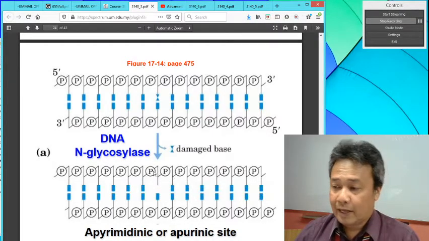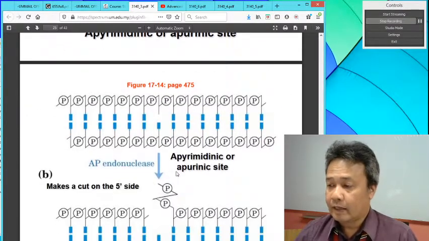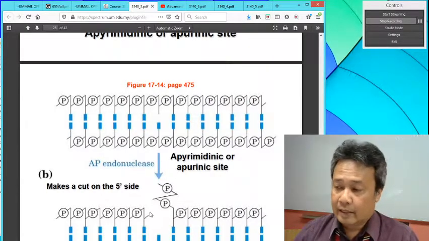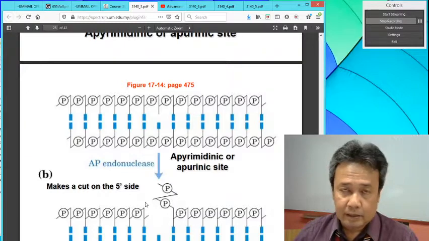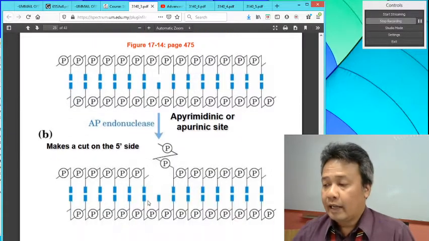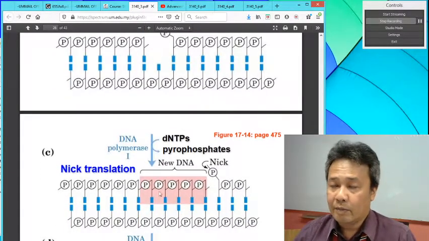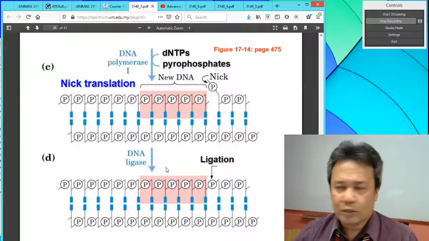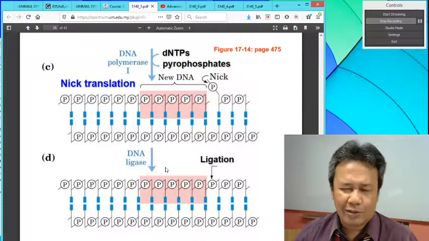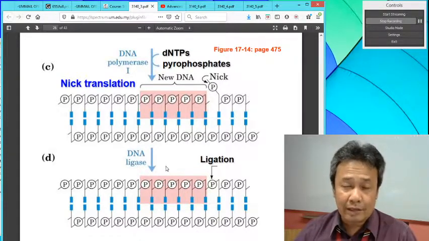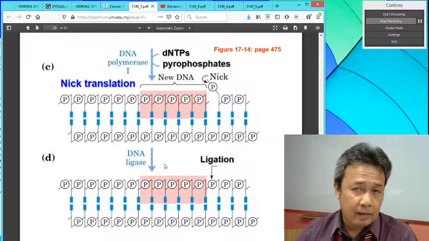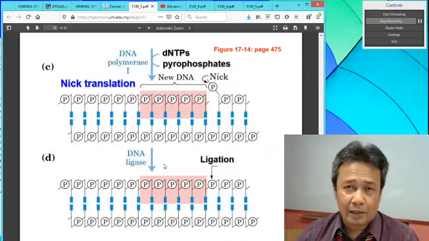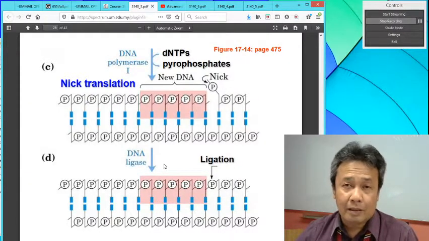Upon recognition by the N-glycosylase, AP endonuclease then cuts the problematic site and removes it. It does a process called nick translation. Again, when do you see nick translation? You should have seen nick translation during recombinant DNA technology, where we talk about how you label fragments.